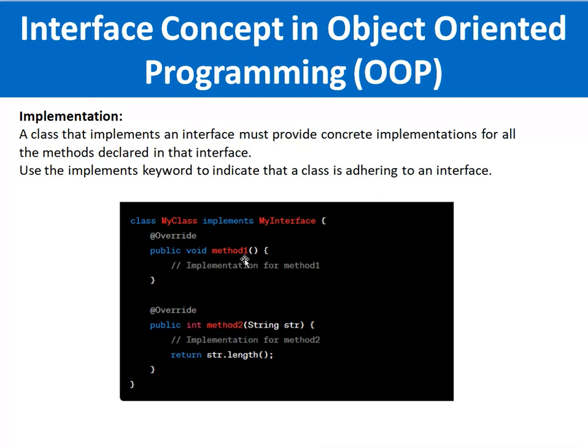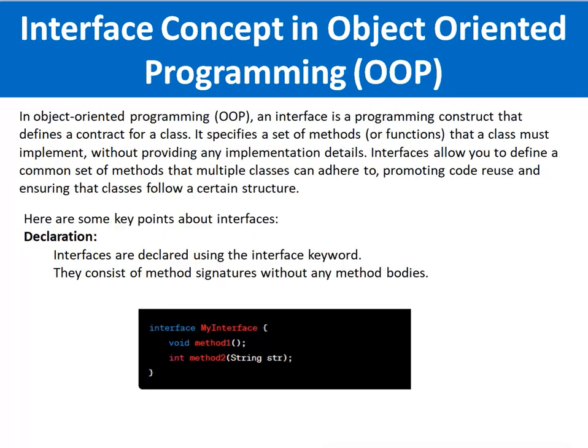Here you can see it has the open bracket, close bracket, and the implementation code will be mentioned here for method1. Similarly, the implementation for method2 is mentioned here. Remember one thing, the signatures should be the same: method1 is void, method2 is integer. Okay, so here we have provided the implementation.